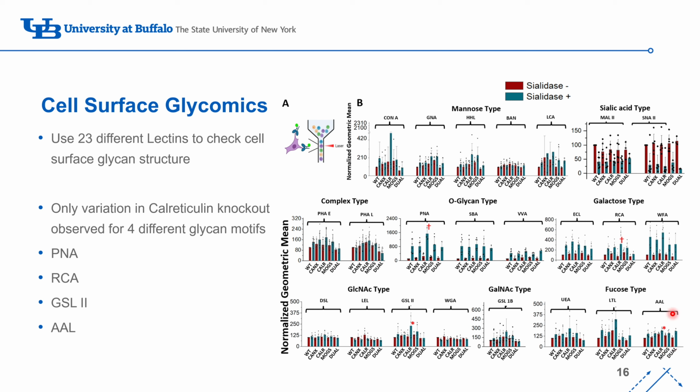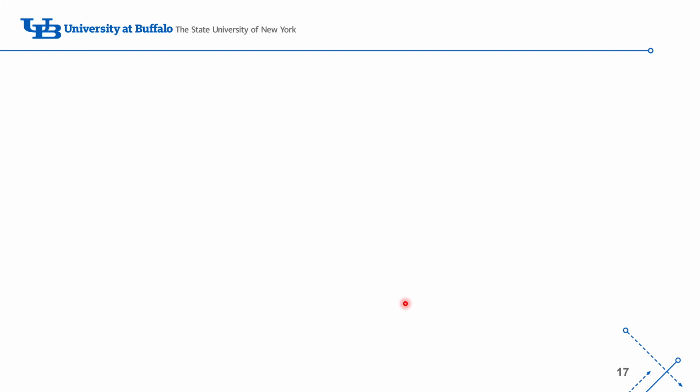So this also provides an insight that some kind of glycosylation profile change occurs in the calreticulin knockout, and one reason could be that there is a quality control compromise or quality control degradation within the endoplasmic reticulum in the calreticulin knockout.